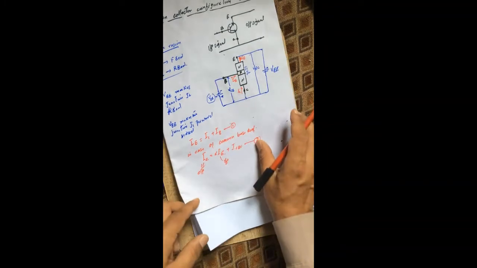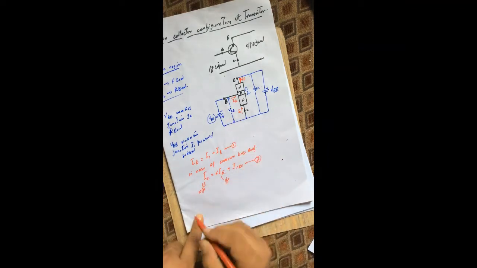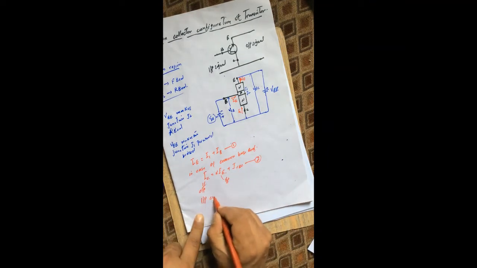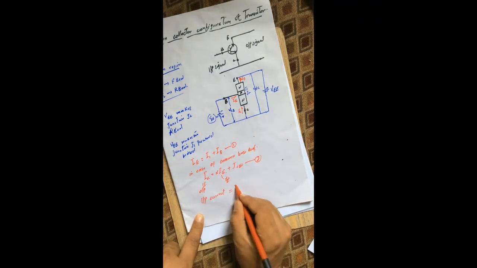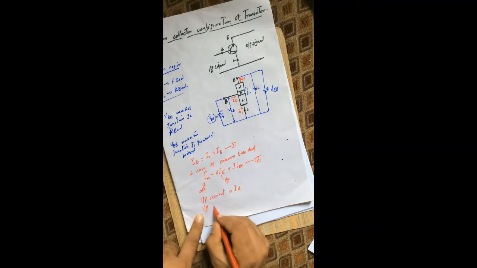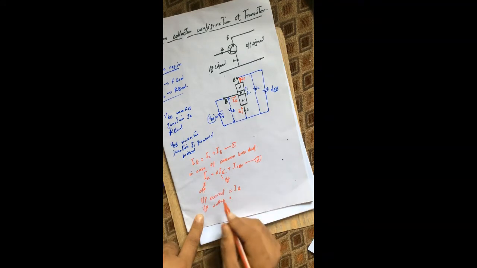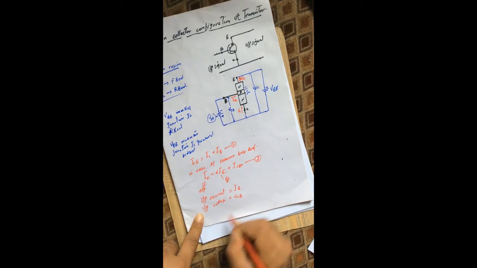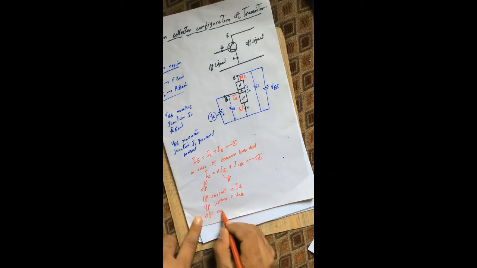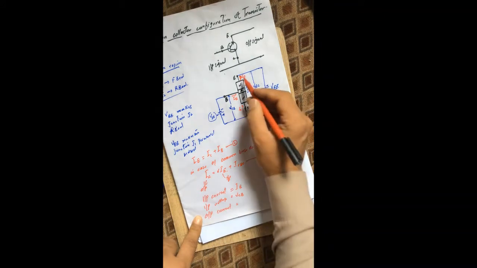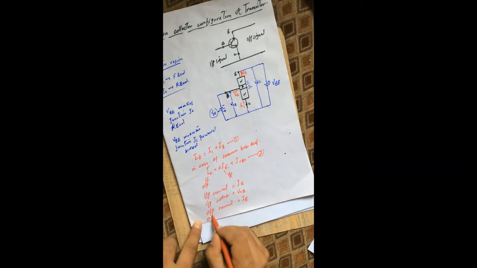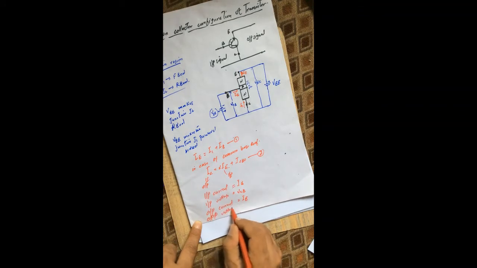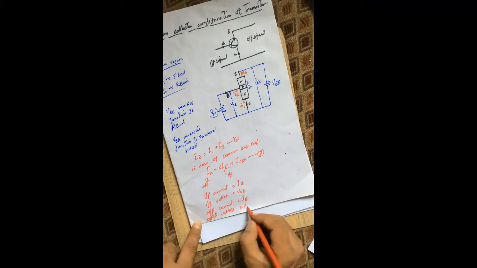Now, in common collector configuration, the input current is IB and the input voltage is VCB. Similarly, the output current is the emitter current, and the output voltage is VEC.